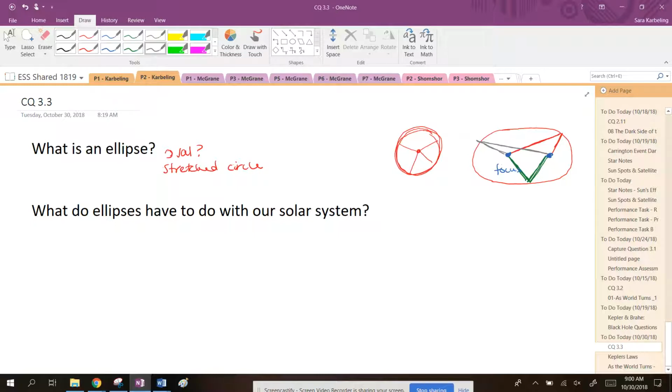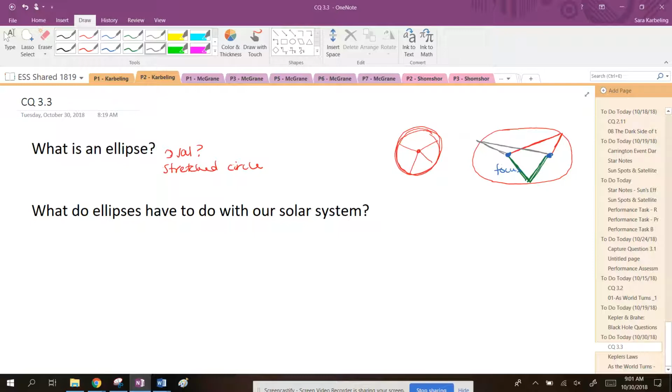Because it helps us understand the way things move. In particular, what things are we talking about? What's moving? Why do we care about this in terms of our solar system? Because that's how our planets orbit. Yes.